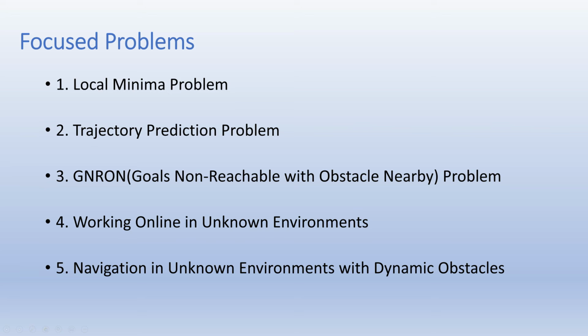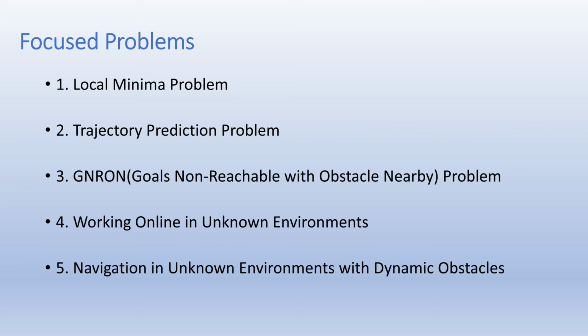And the third is GNRON, which is known as the goals not reachable with obstacles nearby problem. This happens especially when an obstacle gets very near to the goal, and it's also very common in the APF method.